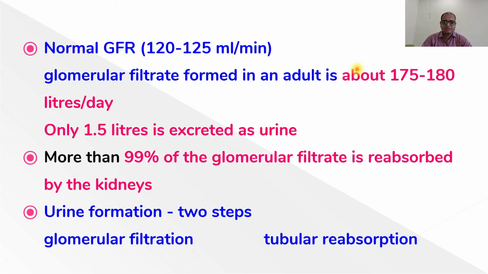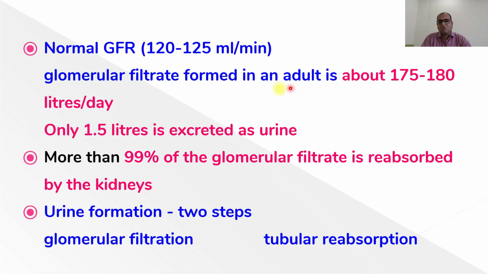Remember this is just the filtration part. So 4 to 5 liters of blood continuously, again and again, gets filtered, and that value is around 175 to 180 liters per day. So if you count how much blood is getting filtered, it is almost around 175 to 180 liters from Bowman's capsule.